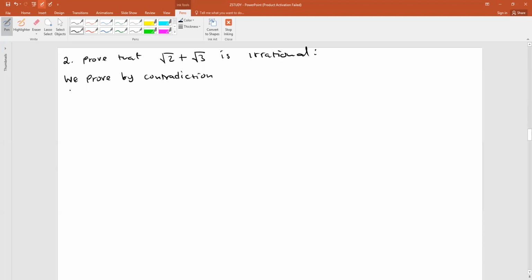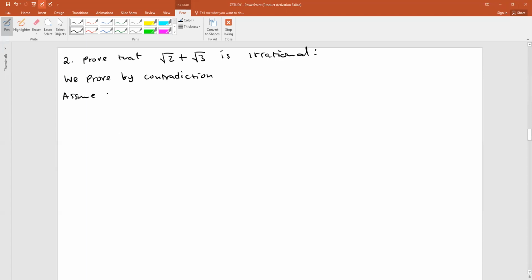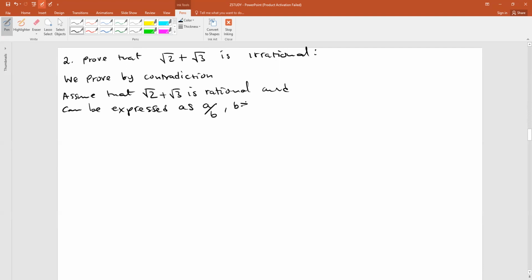So we assume that square root of 2 plus root 3 is rational and can be expressed as a over b, where b is not 0. a and b are integers, and a and b are relatively prime. Okay, so that's our assumption.